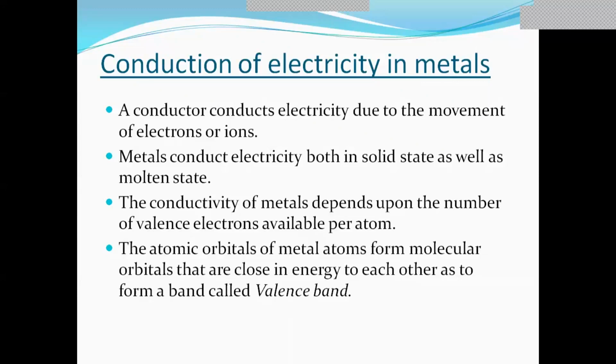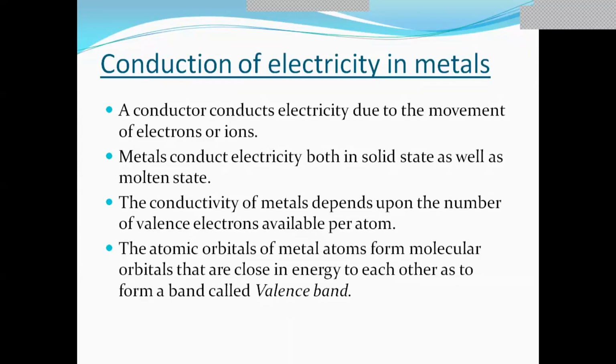This conductivity depends on the number of valence electrons present in the metal atom. More the number of valence electrons, more will be the electric flow observed through the material. And here if you see, we have a term called valence band.